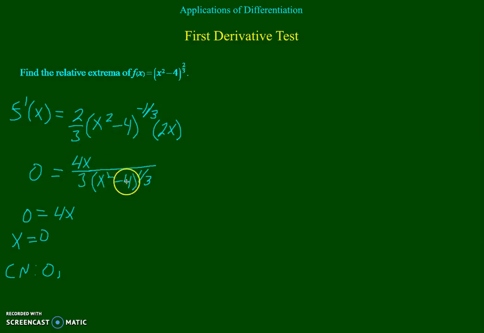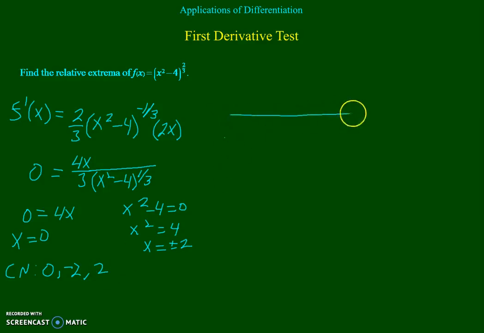So we're looking for the values of x that make this denominator 0. And so we have x squared minus 4 equals 0, x squared equals 4, x is plus or minus 2. So we have negative 2 and 2 as our critical numbers.